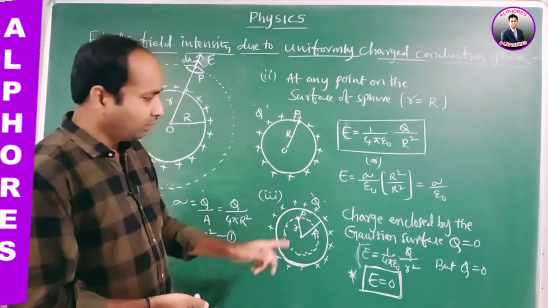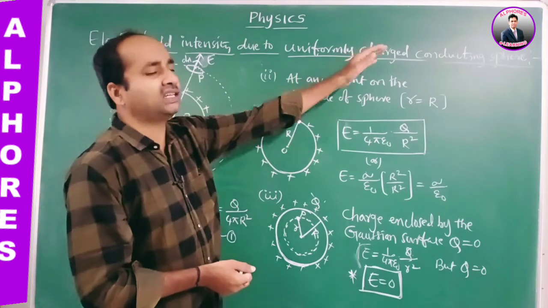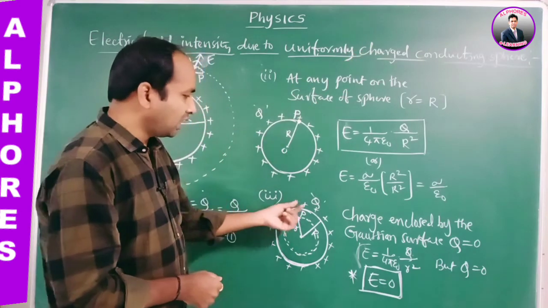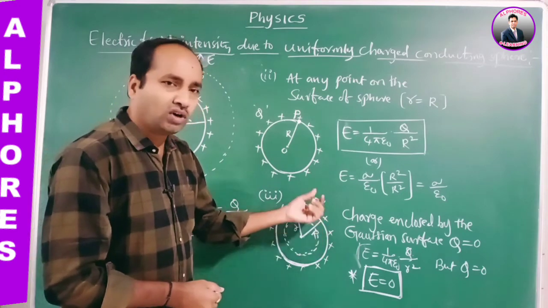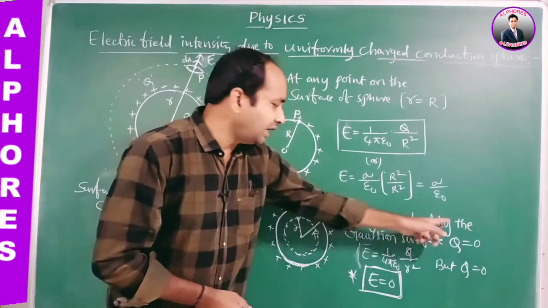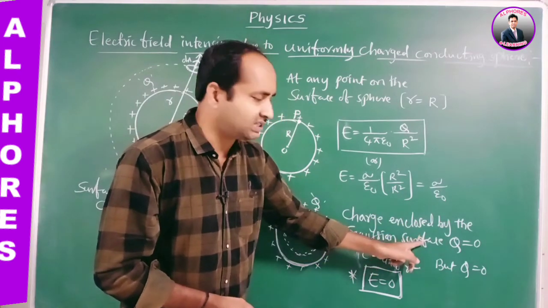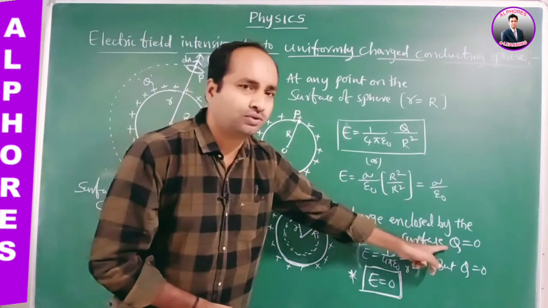It is clearly mentioned that it is a conducting sphere. The charge given to the sphere only resides on the surface, but the charge inside the conducting sphere is zero. The charge enclosed by this Gaussian surface is zero.